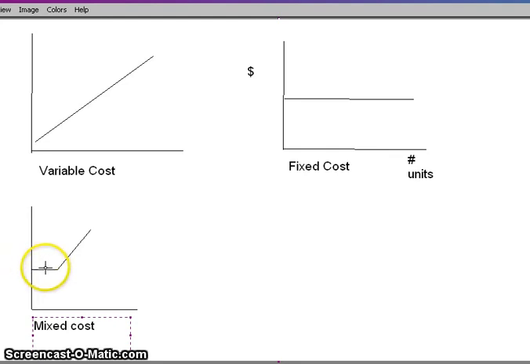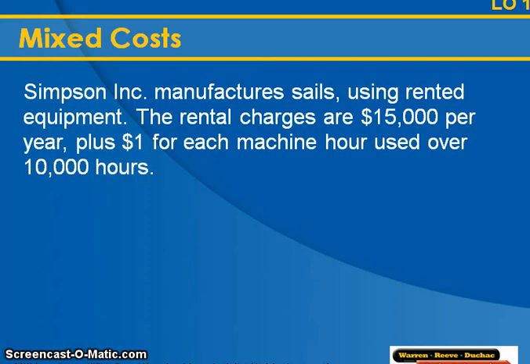So initially it was a fixed cost, right? The lease payment was exactly the same no matter what. But once you hit that 100,000 mile mark, now you have a variable cost component as well, because the costs are going to increase based on the miles that you've driven. So the example given to you in your slides is Samson Inc. manufactures sales using rented equipment. The rental charges are $15,000 per year.